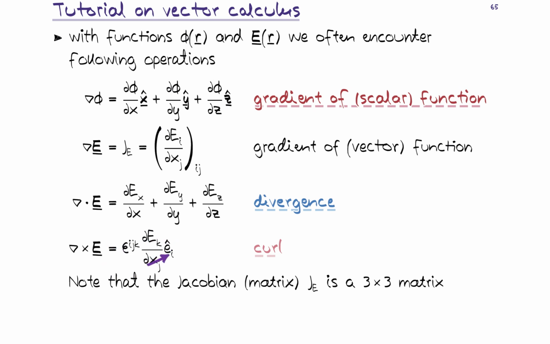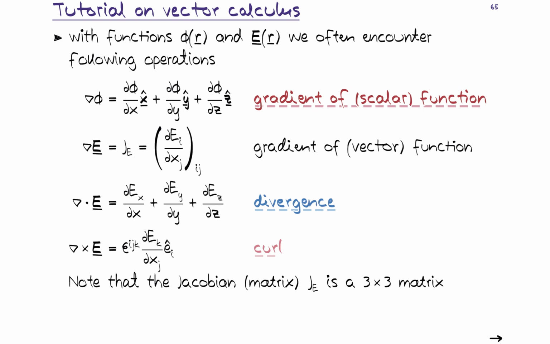Please note that I have my hats here, and for simplicity I'm using Einstein's summing convention, so that I actually have 3 summations when I want to calculate the curl of my E field. I have i here once, twice, j once, twice, and k once and twice. So in fact, I have 3 summations when calculating the curl operator, and I have a vector out.